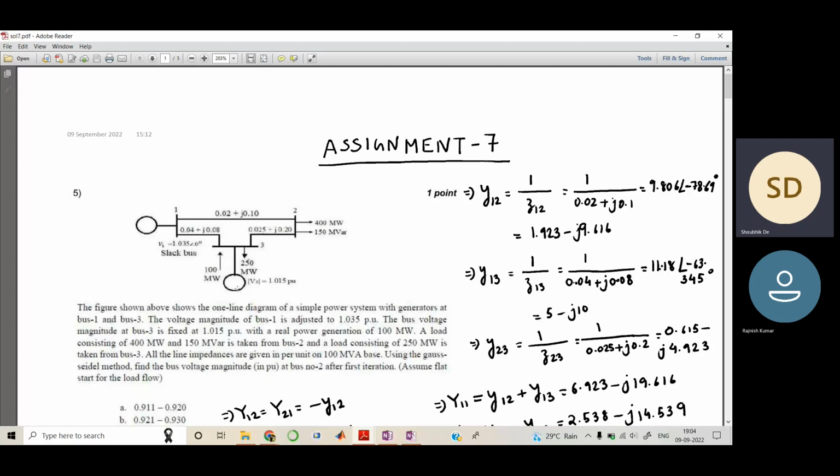So this is a generator, this is a generator, and the voltage magnitude of bus 1 is 1.035 per unit, and the magnitude of this is 1.015. Mind you, just note the difference.